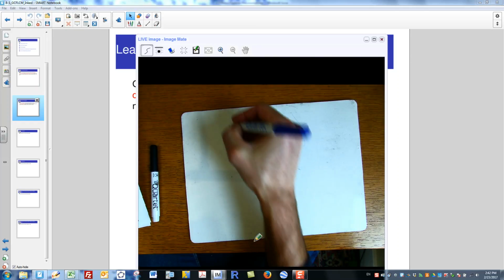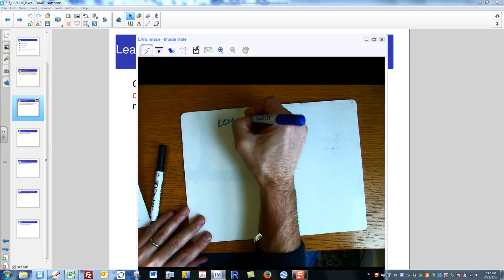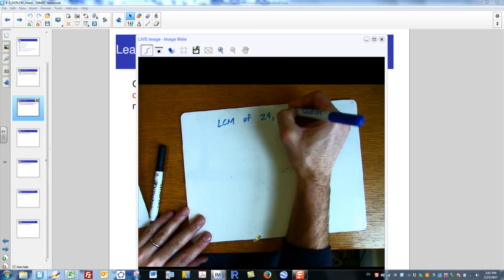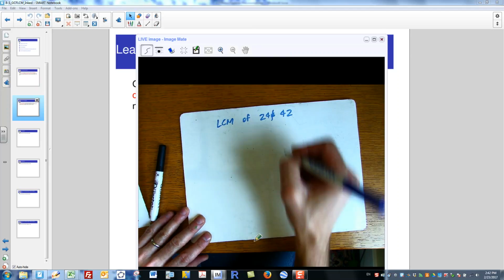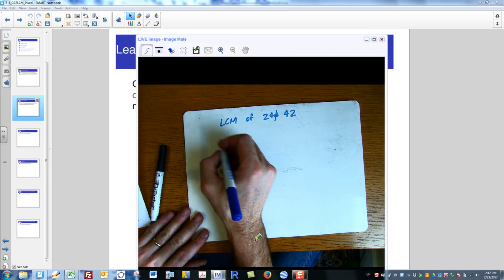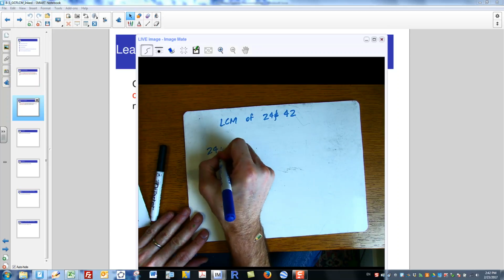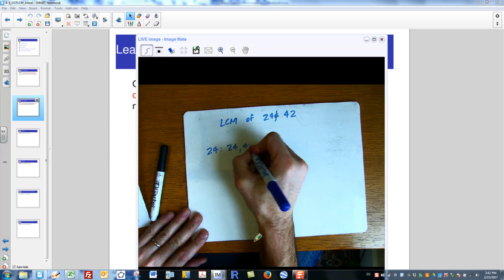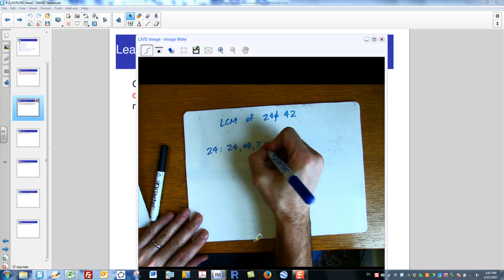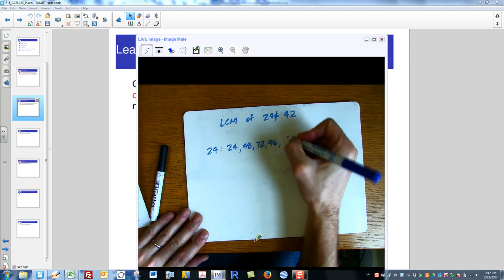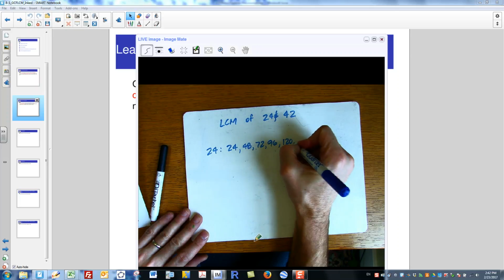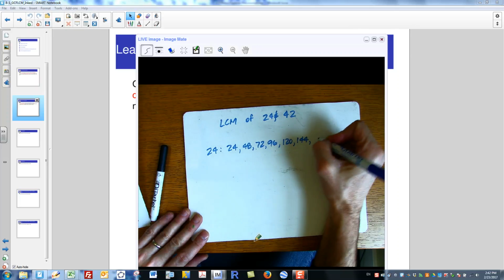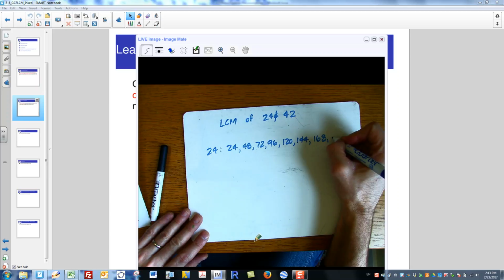So that means we've got to find multiples of 24. The first multiple is, of course, 24 itself, and then 48, 72, 96, 120, 144, 168, 192.